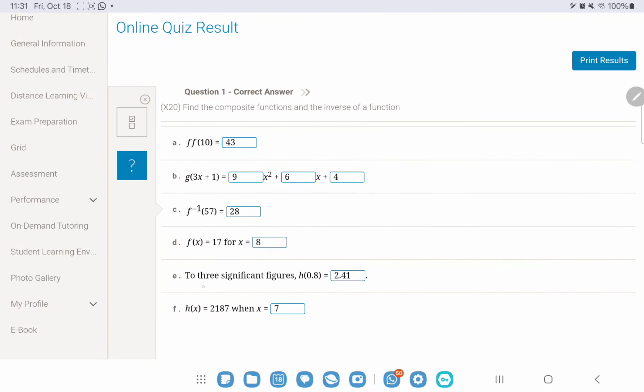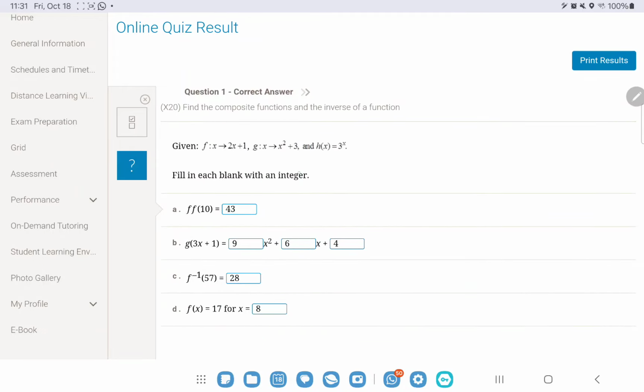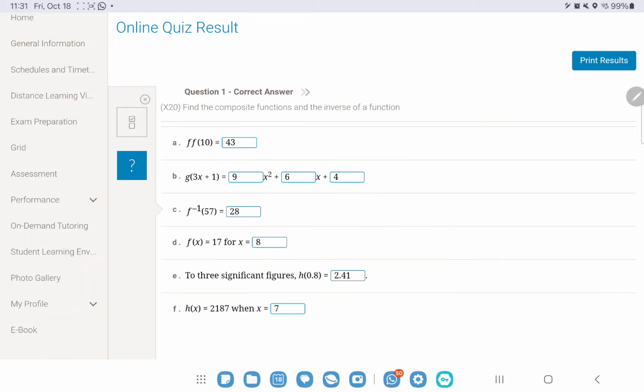Now let's go to here, to 3 significant figures, h of 0.8. Let's first write h. H is 3 to the power of x. So if h is 3 to the power of x, and they're telling you your x is 0.8, they want 3 to the power of 0.8. This, don't even try. Just go straight to your calculator and put it in, because calculators are allowed in the AMS.